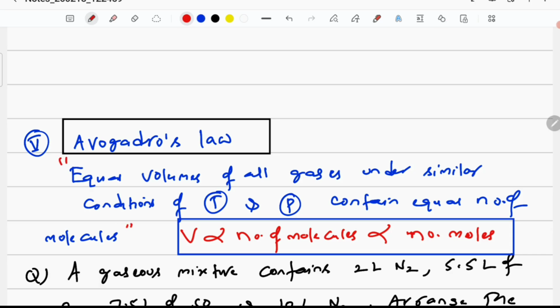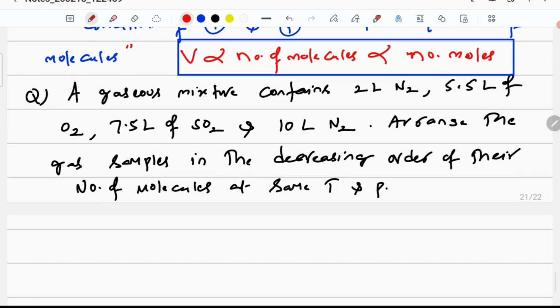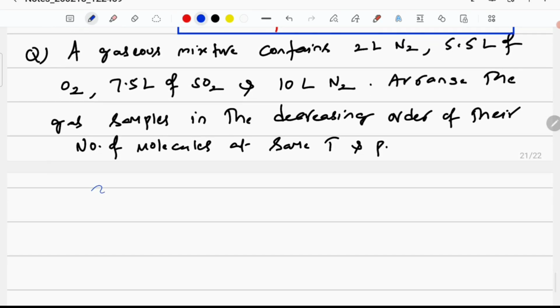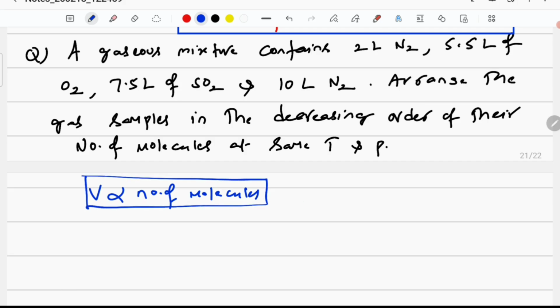Statement of Avogadro's law. See, one question given here. Simple question. Volumes given, as we know, volume is directly proportional to number of molecules at same temperature and pressure. So as volume increases, number of molecules increases. Highest volume where it is? Nitrogen. Nitrogen having highest number of molecules. Then SO2, then O2. Sorry, here in question both are repeated.